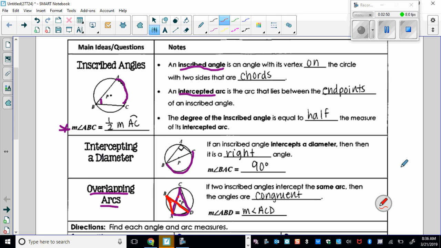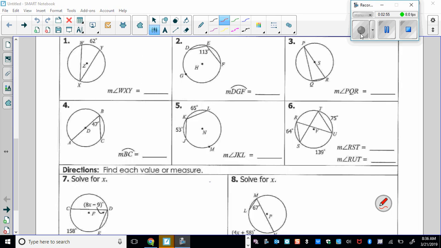I'll just do the even numbers, and then we'll do the odd numbers in class, or vice versa. All right, let's look at number 1. In this case, arc WY is 62. The question is, what is the measure of the inscribed angle? Based on our rule, the inscribed angle is 1/2 of the intercepted arc, which is 62.